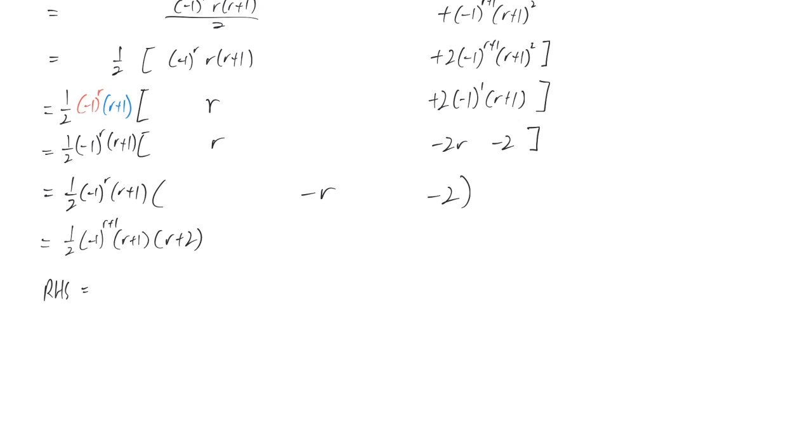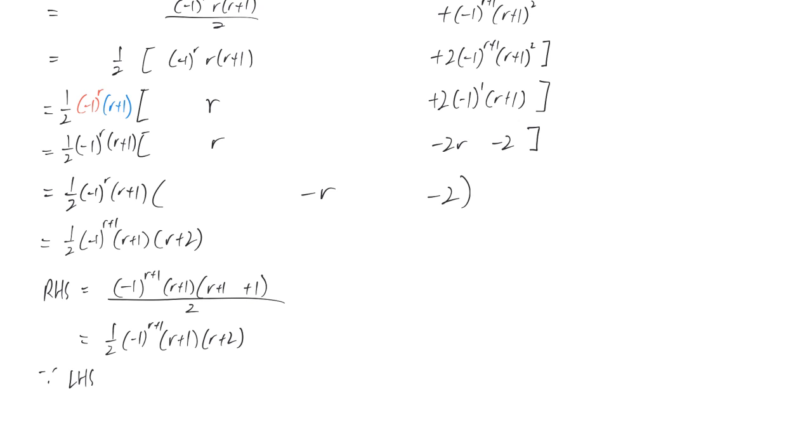It is equal to negative 1 to the power of r plus 1, times r plus 1, and then on top of it plus 1. So basically we try to write exactly the same format to show that it's exactly the same. Therefore we can draw the conclusion that since LHS equals RHS, the next case is also correct. P(r plus 1) is also true.